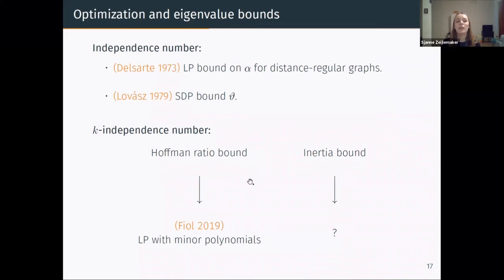And then recently, Abiad came up with some generalization of the ratio bounds, which he could translate to a linear program to solve for specific types of graphs. So this resulted in something called the minor polynomials. So part of our motivation here as well is to take the inertia bound, so the second classical bound, and see if we can find some linear programming counterpart for this version.